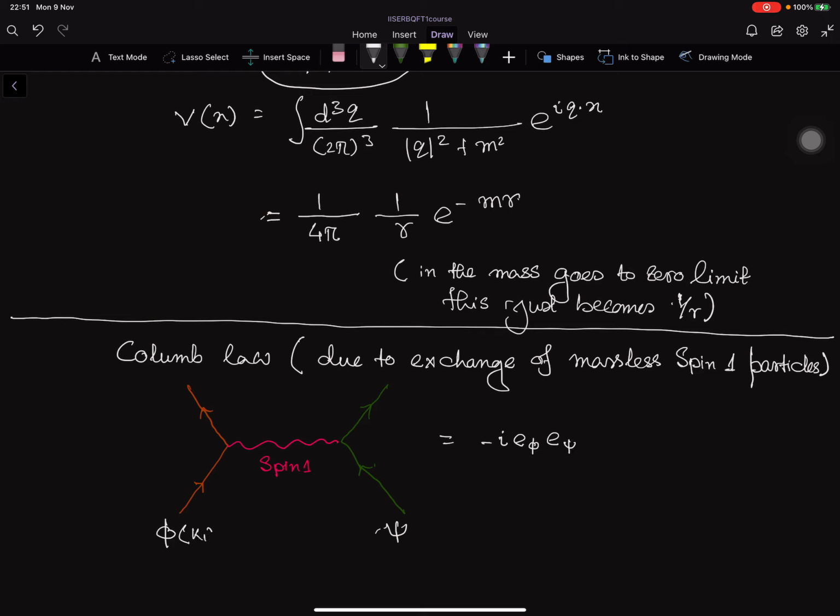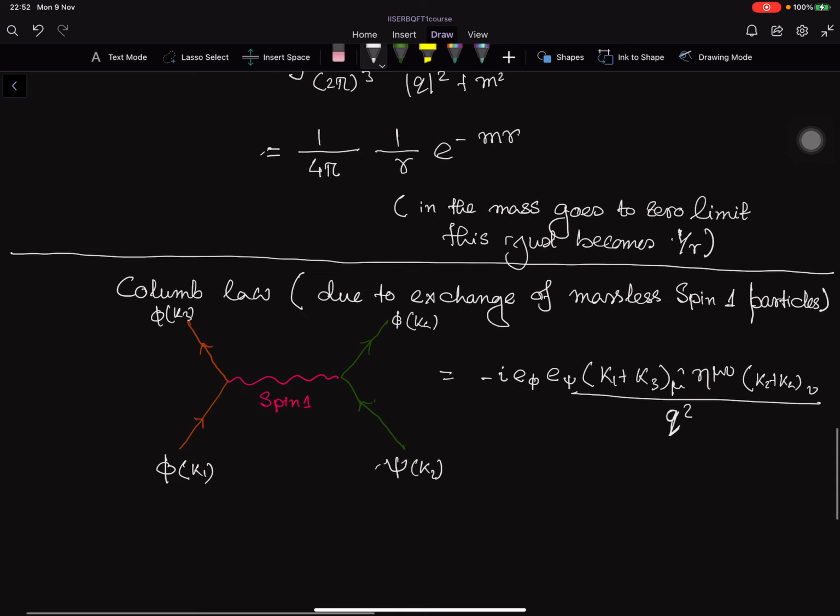This is also k1, this is k2, and this is k3, this is k4. Then this just becomes (k1 plus k3)^mu eta_mu nu (k2 plus k4)^nu over q squared.